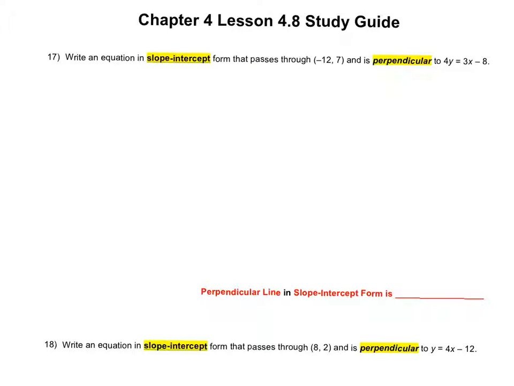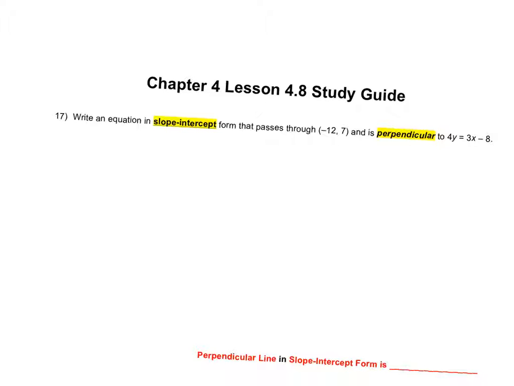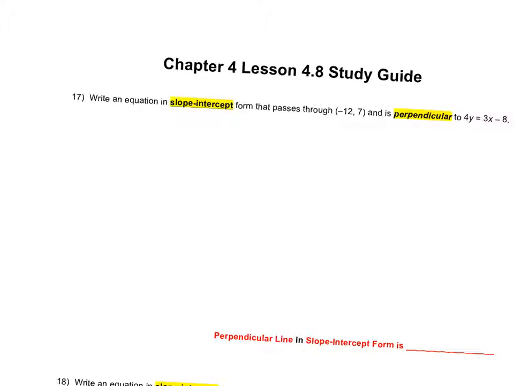The first couple of questions are asking us to write an equation in slope-intercept form. And I say that I am perpendicular to another line. What does the word perpendicular mean in terms of slope?